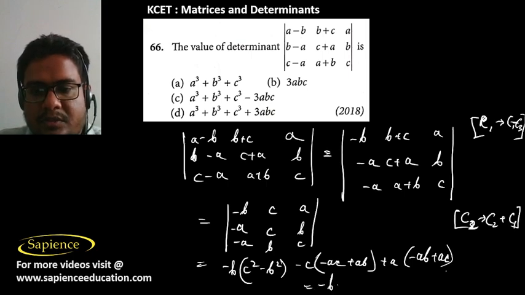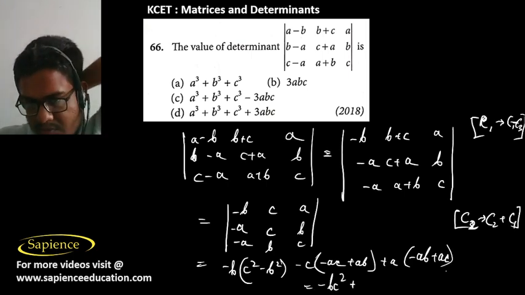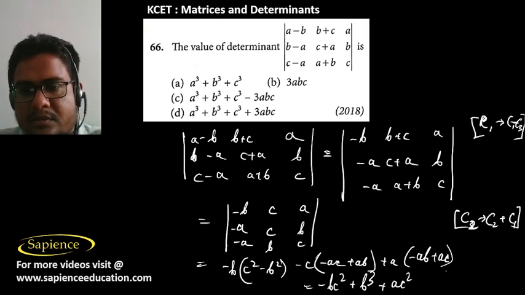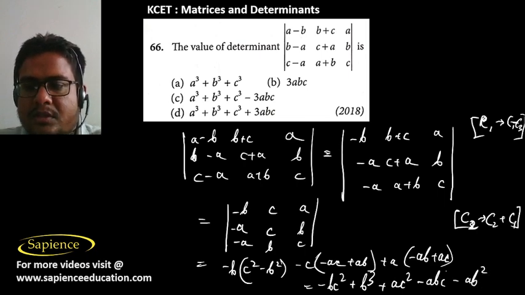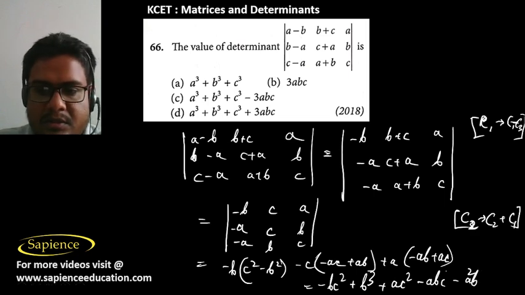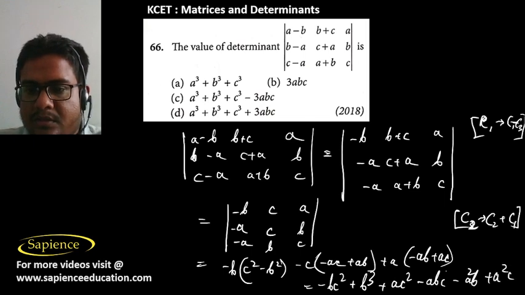This will be minus bc square plus b cube plus ac square minus abc minus ab square, minus a square b, a square c.